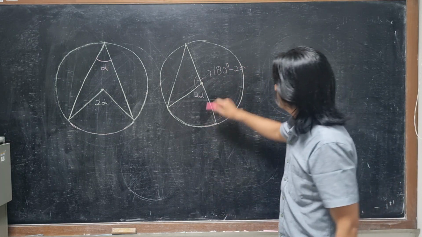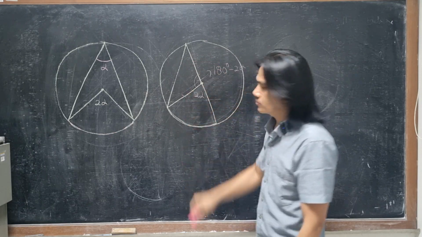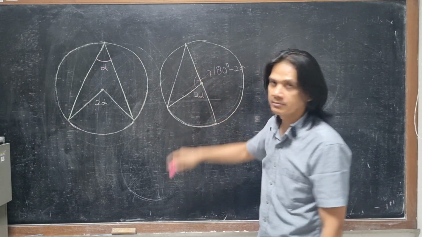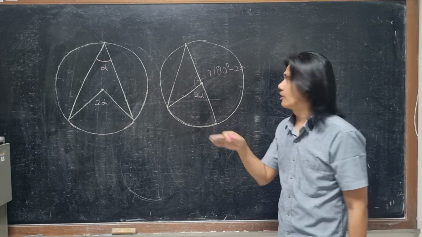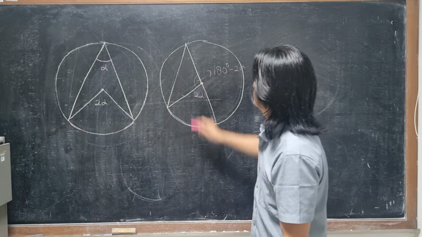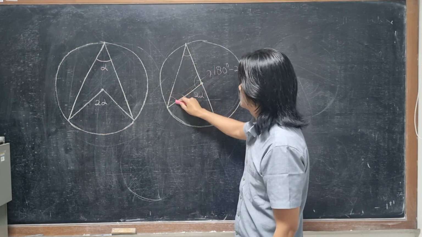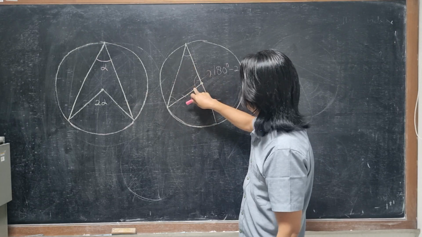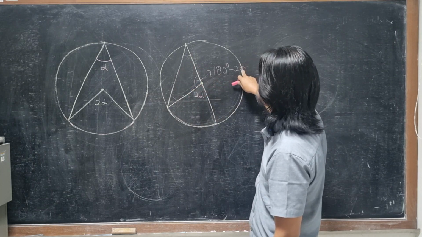But notice that these two legs are of equal length. Why is that? Because both of them are exactly the radius of the circle. So consequently, these two angles must be equal as well. But remember that the three angles add up to 180 degrees.